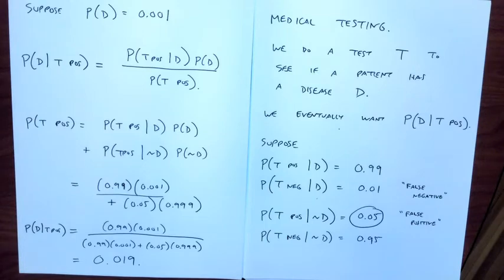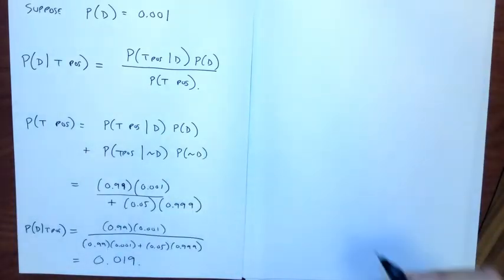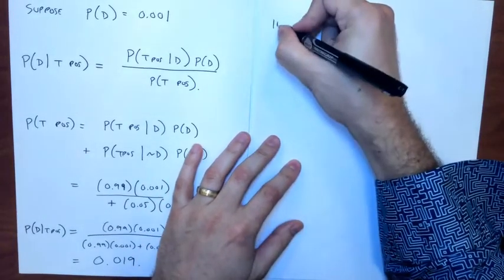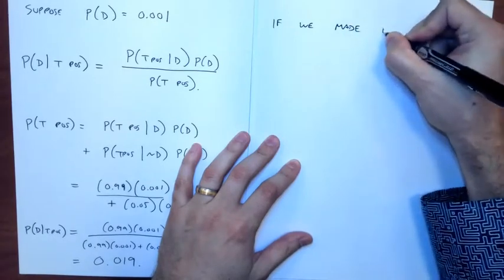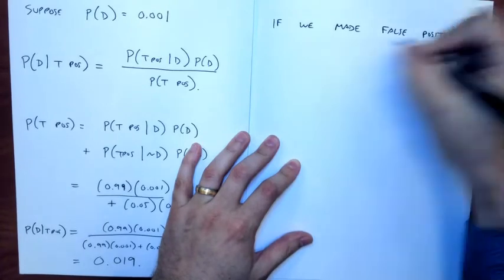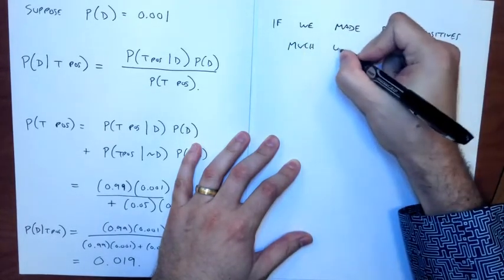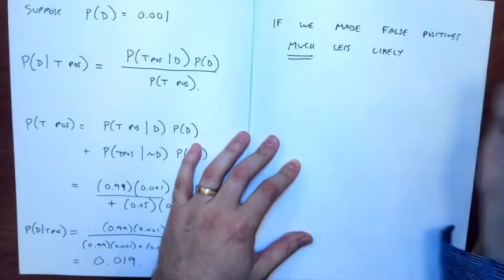And it turns out, for example, that if we made false positives much less likely, and I'm going to underline much.